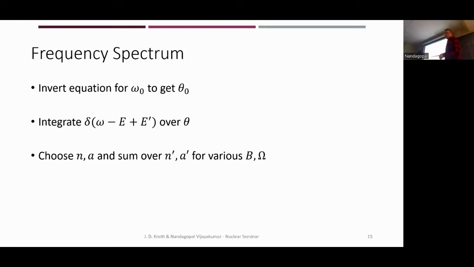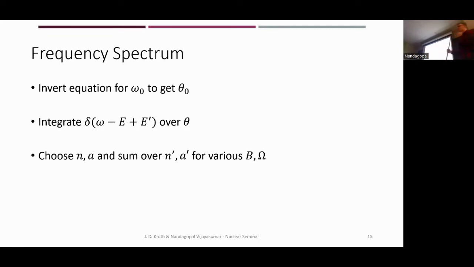To do this, we're going to go back a few slides to the S matrix, and instead of integrating over omega to enforce that the radiated photon has this omega naught frequency, we're going to integrate over theta and enforce that it is emitted with a certain theta naught.